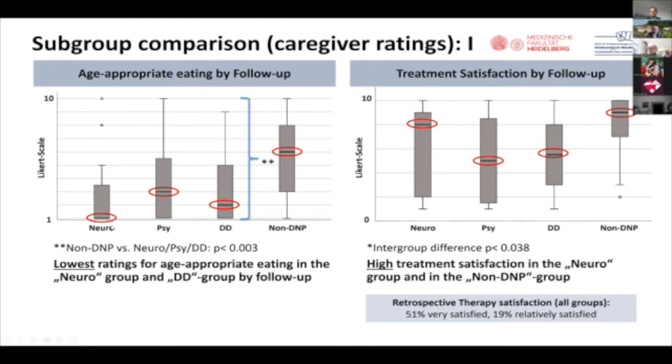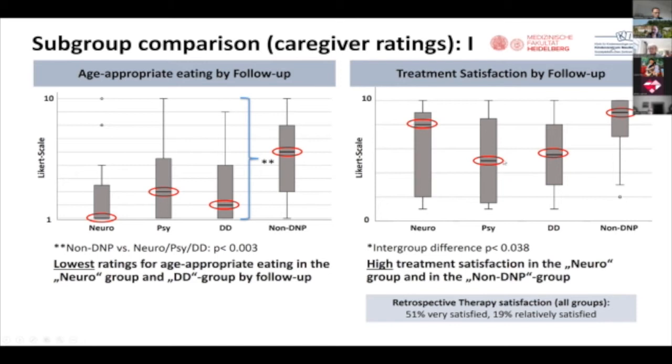So they didn't have much success with their eating problems, but obviously something happened that made the parents quite happy even after a long time, and they said, yes, the treatment was successful more than 3 years ago, and we are quite happy with that.